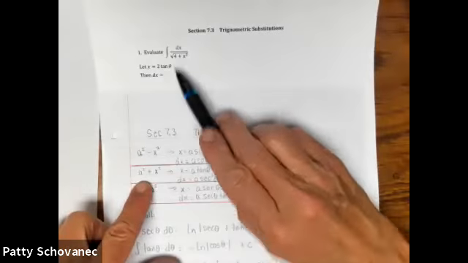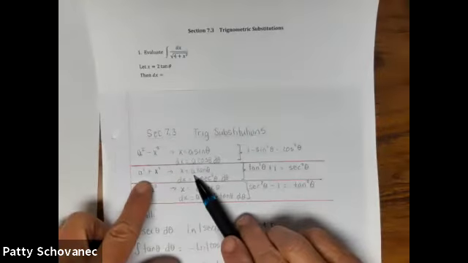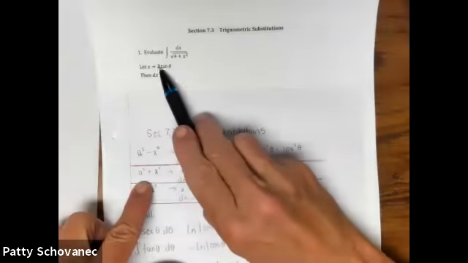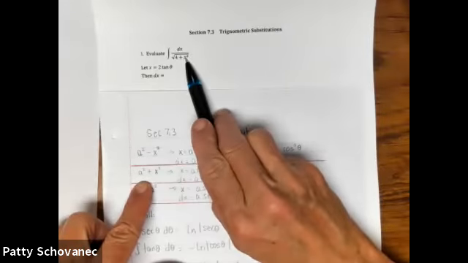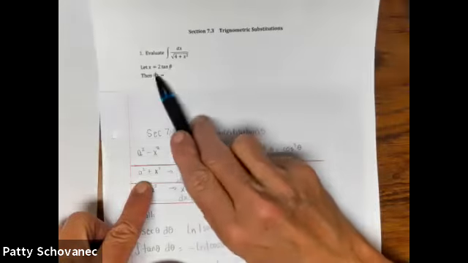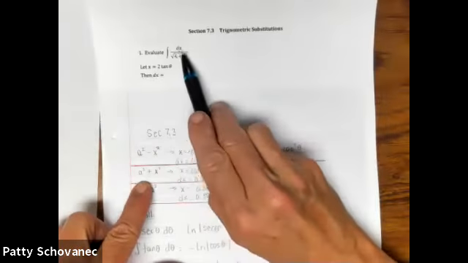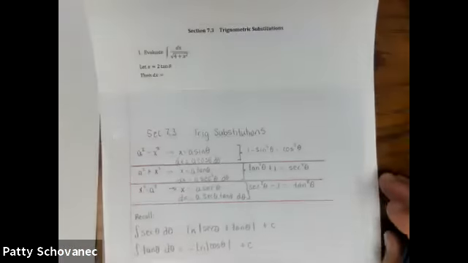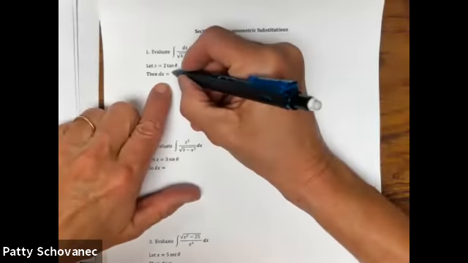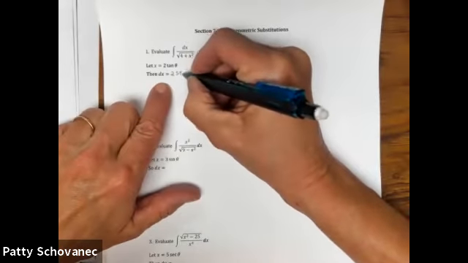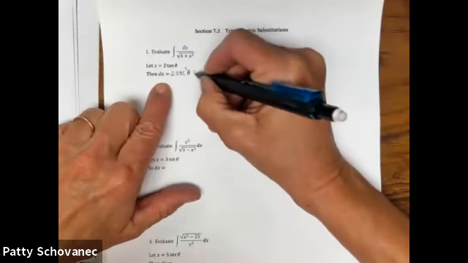And after we square the x, we need to have the same number in front of the tangent. So that's why I picked a 2 here, because when I square it, I'll get a 4 in front of the tangent. So this substitution is going to take care of the x. Now let's take care of the dx. We take the derivative of 2 tan theta and get 2 secant squared theta d theta.